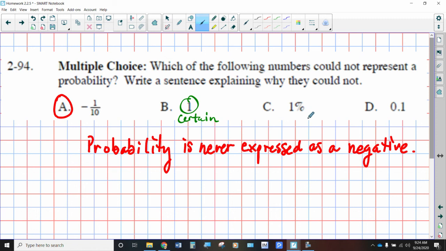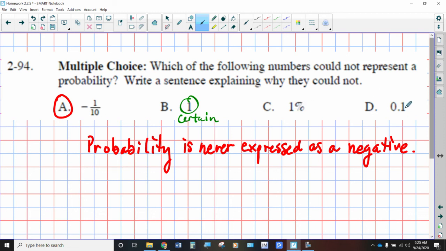If you've got 100 marbles in a bag and one of them is blue, then you've got a 1% chance of getting a blue, which is not impossible. It's not certain. It's unlikely, but it's still a possibility, right? So 1% is a legitimate probability.